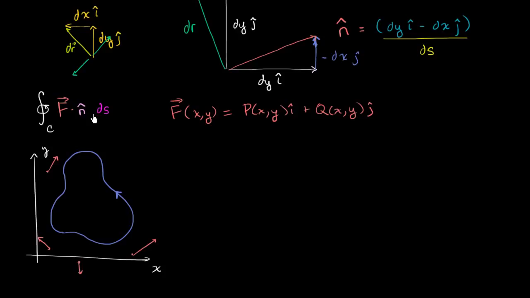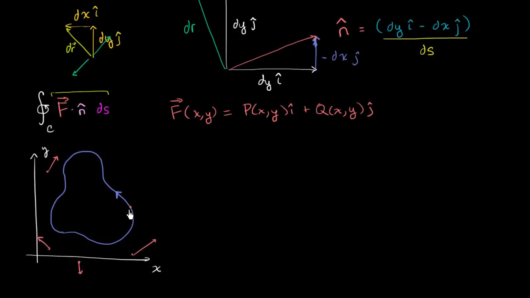But this expression right over here, we're taking a line integral. We care specifically about the points along this curve, along this contour right over here. And so let's think about what this piece right over here is actually telling us before we sum up all of these infinitesimally small pieces. So if we just take f dot n, let's just think about a point on this curve, maybe this point right over here.